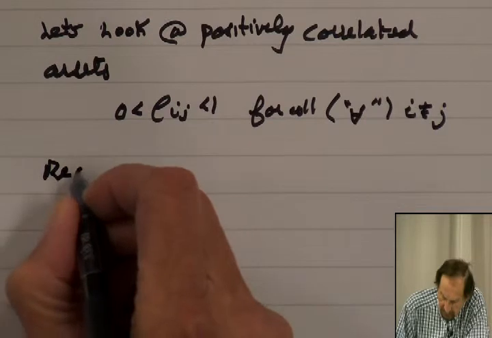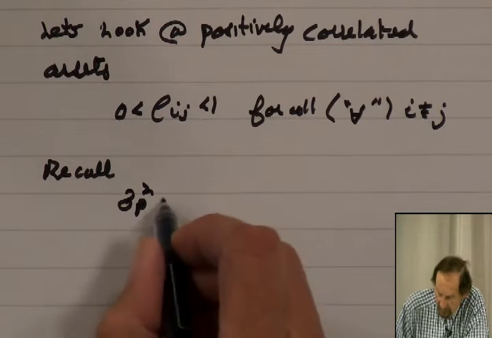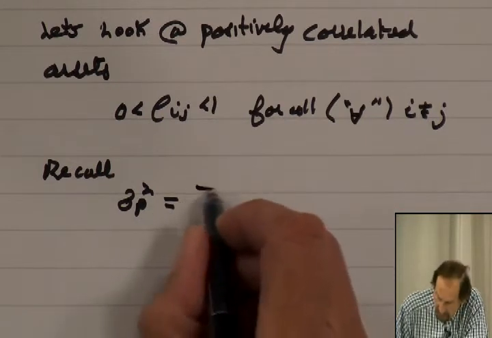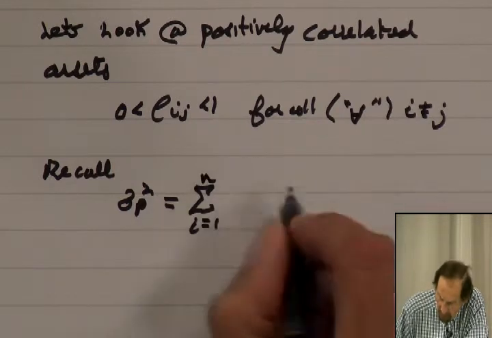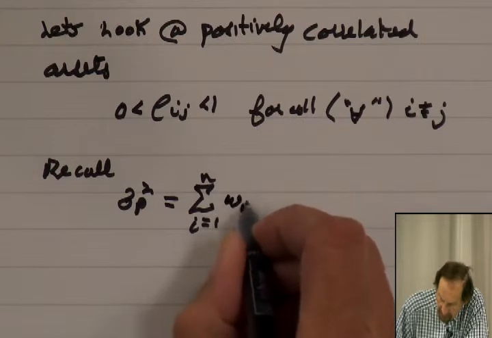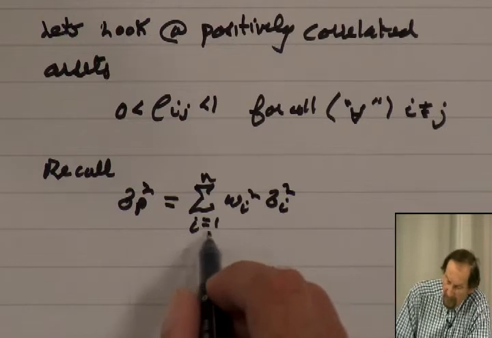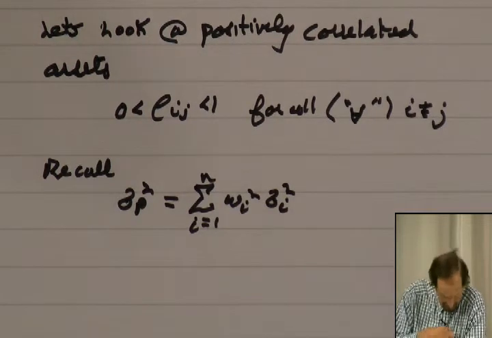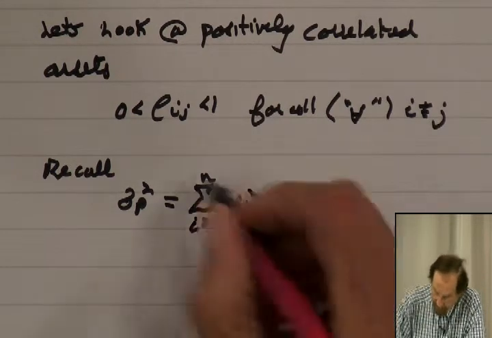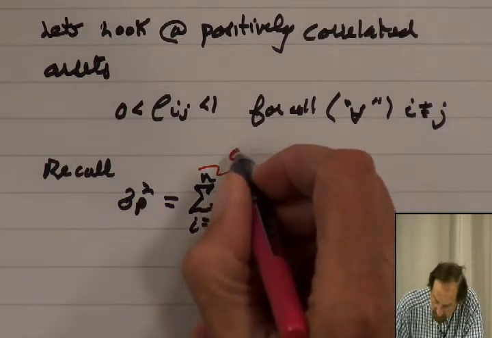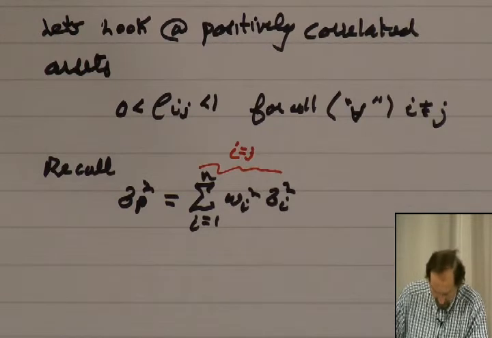Recall that our expression for the variance equals, we have two terms on the right-hand side. The sum i equals 1 to n, wi squared, sigma i squared. These are for when i equals j, when the covariance becomes the variance.